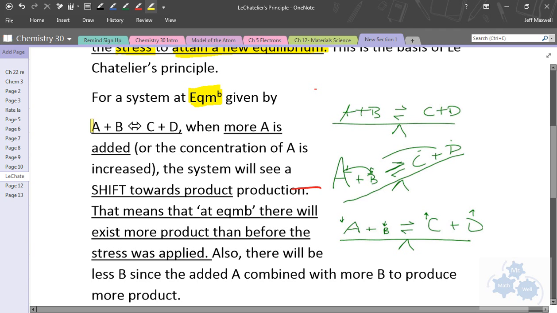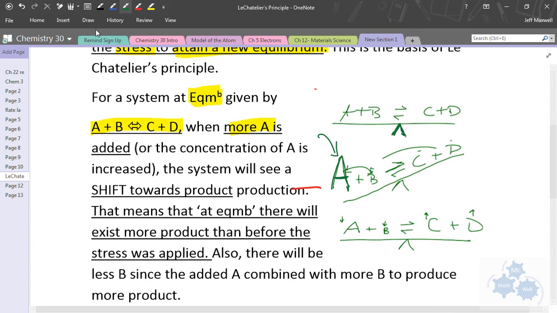But when an equilibrium system, so A plus B is a reversible reaction with C and D, and if more A is added, so here's a representation over here of our system on this little delicate balance. It's at equilibrium. And you can envision it this way. See how the A got bigger? You see that? So what happens is we put in more A here.